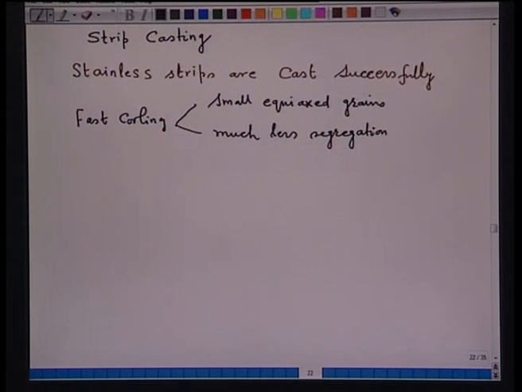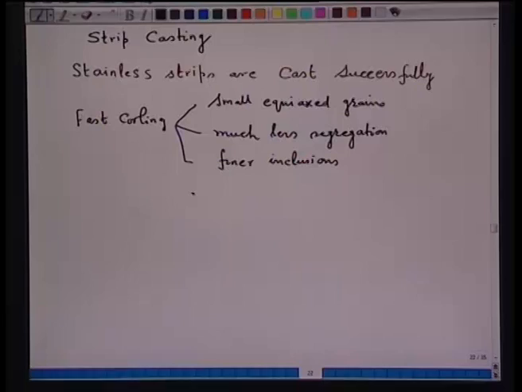The strip casting can be very easily visualized. For example, we have one water cooled roll, two water cooled rolls. These are water cooled rolls.